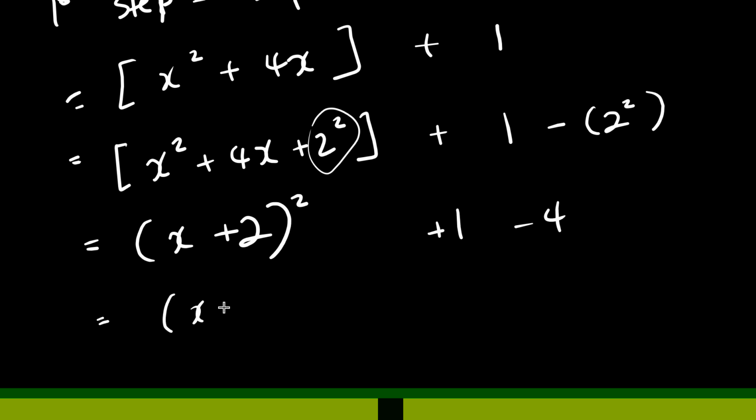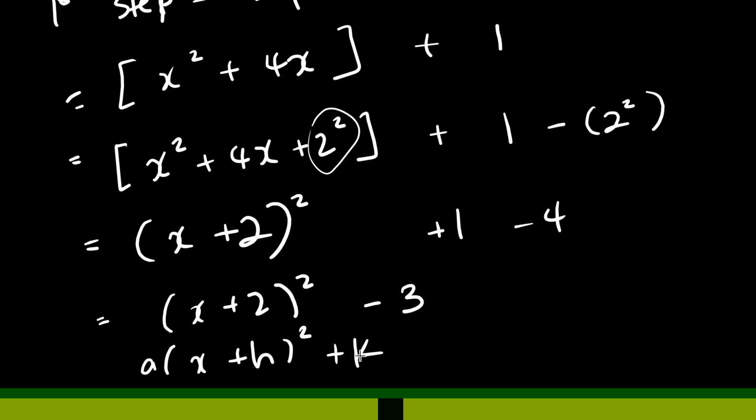So where I had on the right hand side plus 1 minus 2 squared, it becomes plus 1 minus 4, which is just going to be minus 3. And this is the format that we want. This is the a open bracket x plus h all squared plus k form.